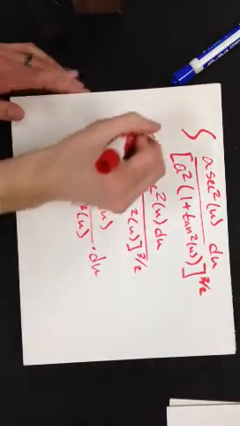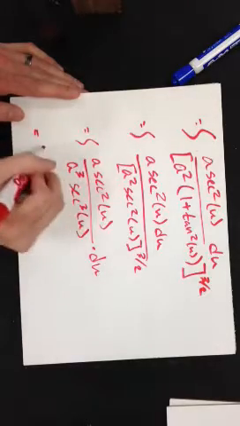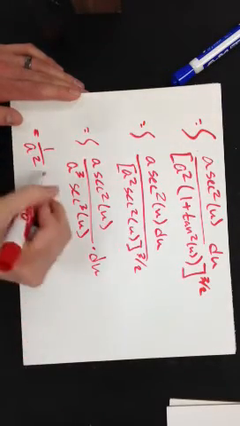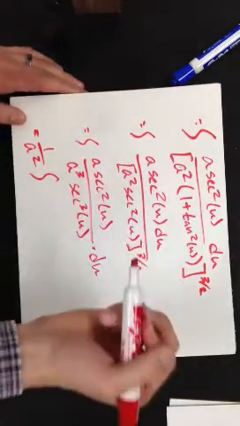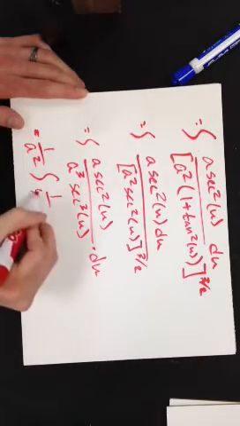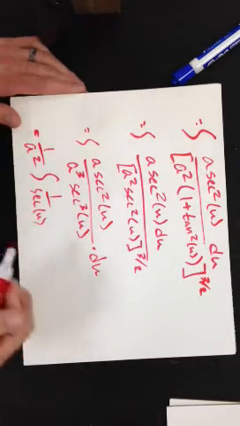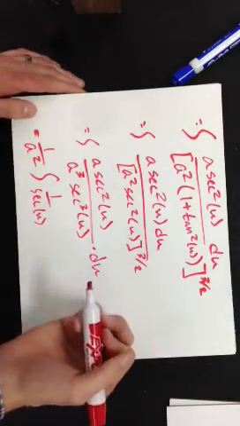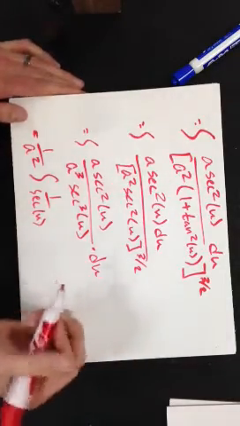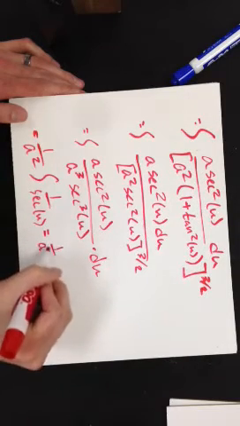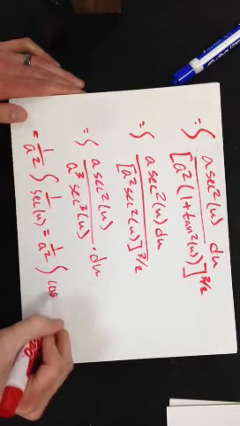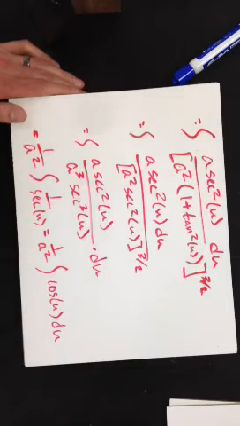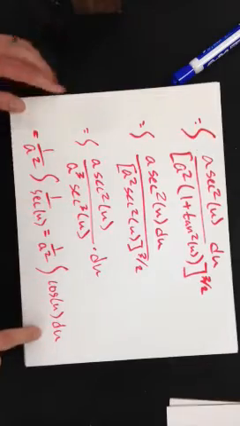And a is just a constant, so I can factor out 1 over a squared times the integral of secant squared over secant cubed. That's just 1 over secant, and 1 over secant is just cosine. So that equals 1 over a squared times the integral of cosine u du.